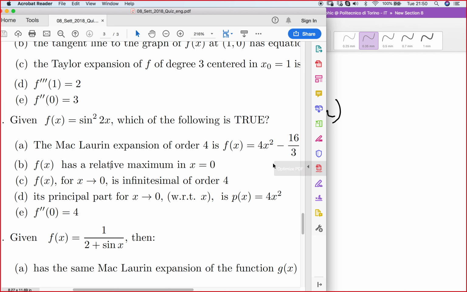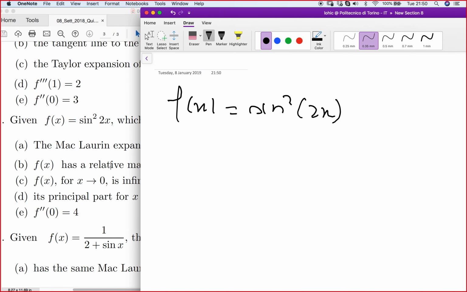Let's try, you see that in order to answer the first one, or most of them, we need the Maclaurin expansion of the function, yes or not? So we try to write down the Maclaurin expansion of this function. You observe that the function is the sine of 2x multiplied by the sine of 2x, yes or not?